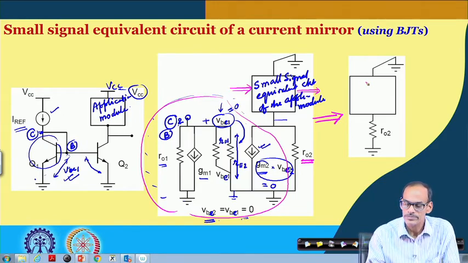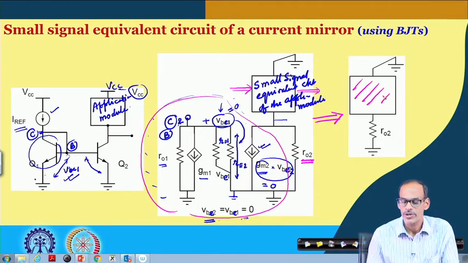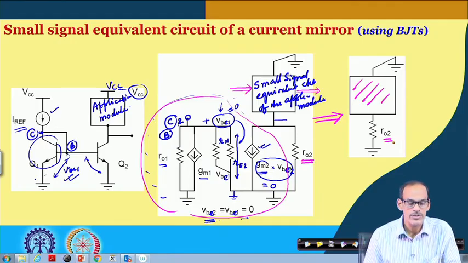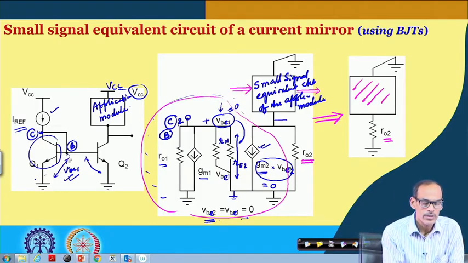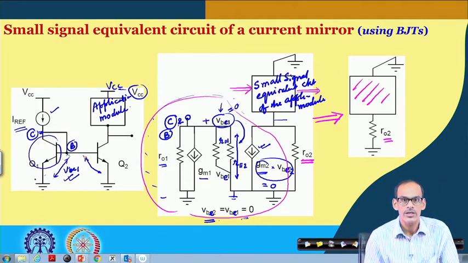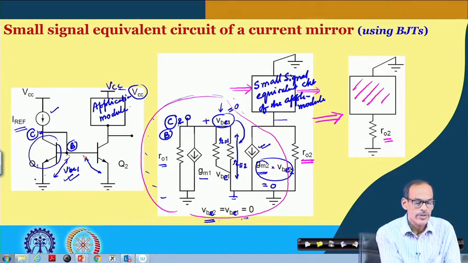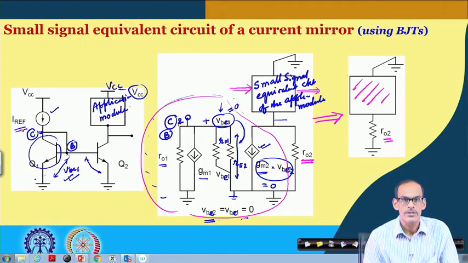So, this is the small signal equivalent circuit of the application module, and then only RO2 is there. So, that is how we consider the small signal equivalent circuit for a situation where the current mirror is not carrying any signal current, or rather whenever the reference current is DC.